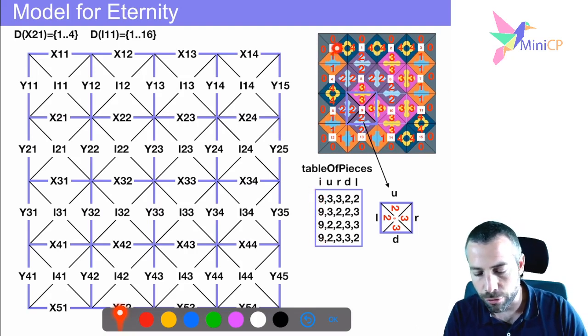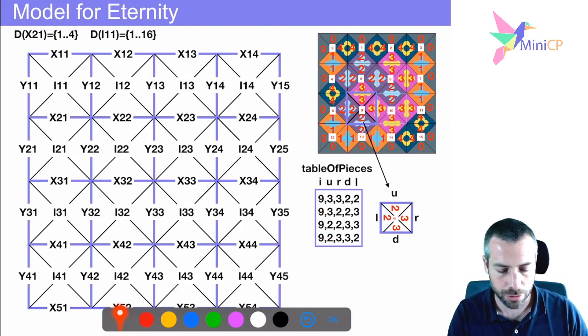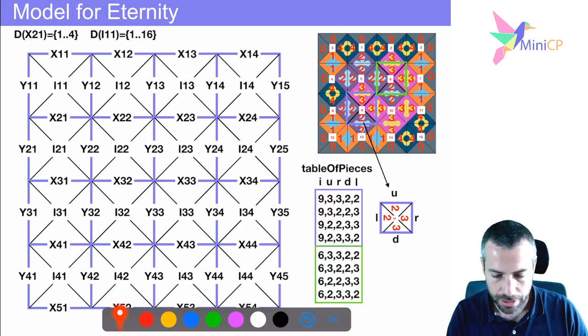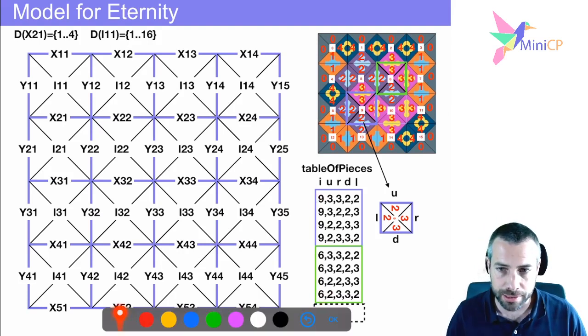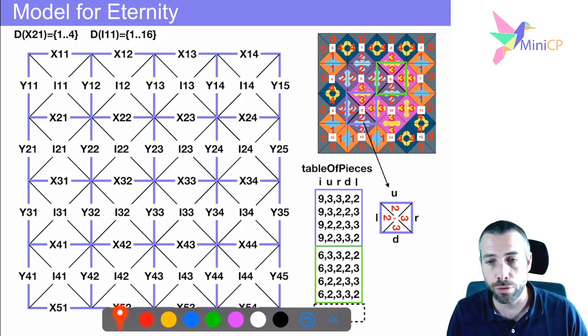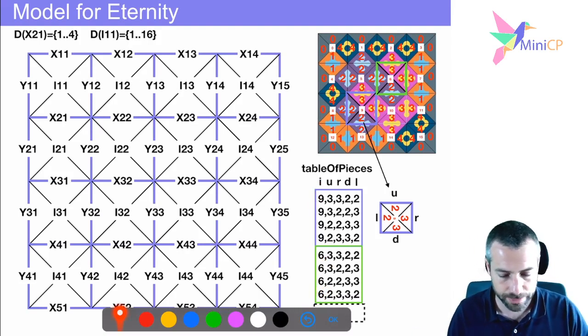You will do that for all the 16 pieces, so this is for this piece, you've got 4 additional entries. You do that for all of them, and in the end you've got, as you can expect, 16 by 4 rows in your table, corresponding to every piece multiplied by every possible 4 rotations that you can get.